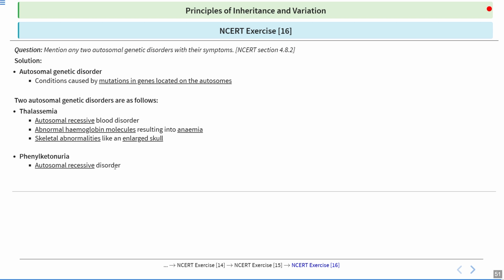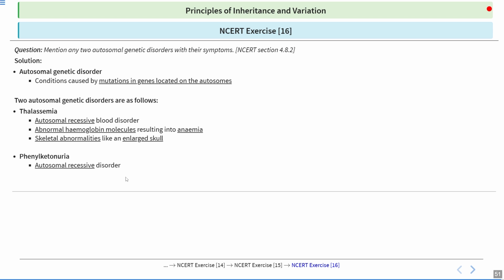This converts phenylalanine into tyrosine. Due to lack of this enzyme, phenylalanine accumulates in the body. Further, it gets converted into phenylpyruvic acid and other harmful compounds, and these compounds affect the brain. So it causes mental retardation as well.